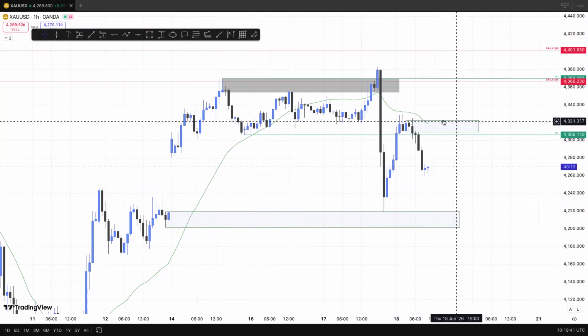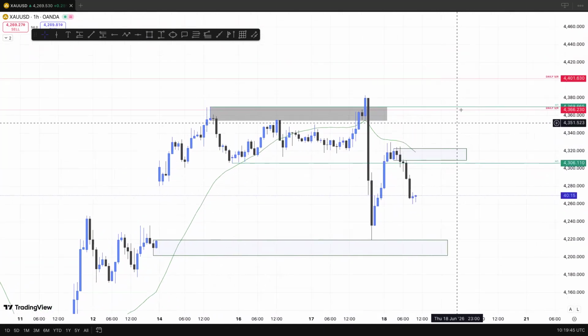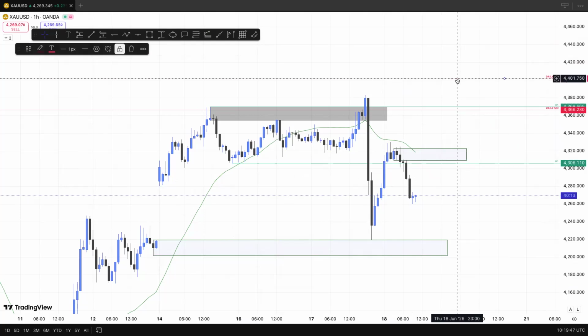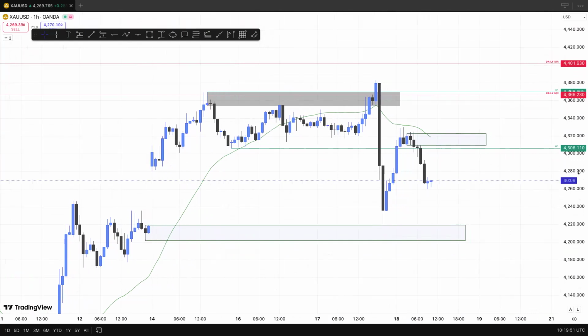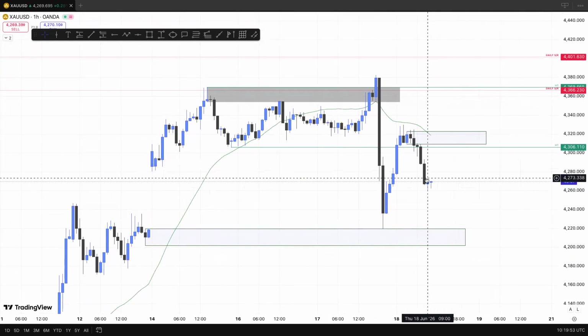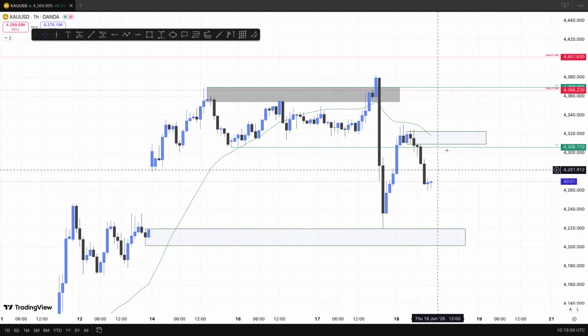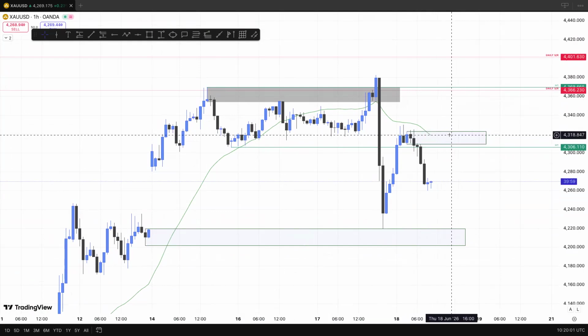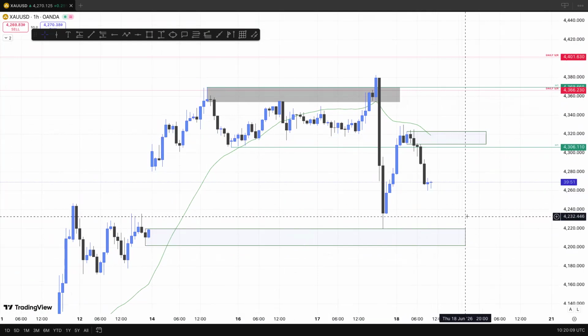But if we get price here and price invalidates this, then there is nothing stopping price from going to this daily support or resistance. So we anticipate for continual sales back into this demand, or if price gets back into this area and it presents a sell setup, then we'll be likely to take it back into the demand.